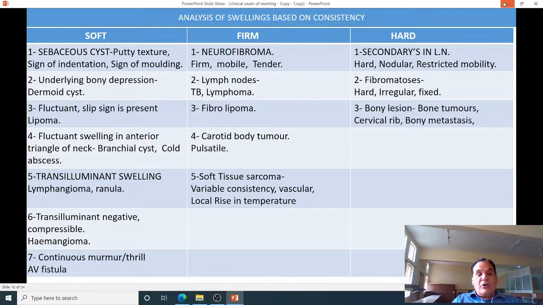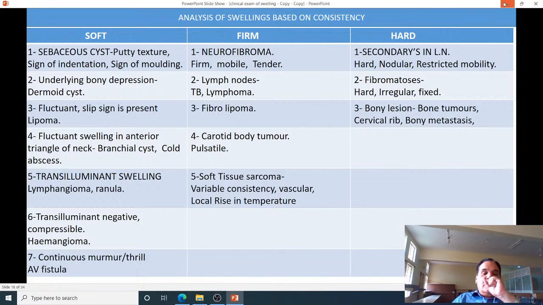Third is fibrolipoma, a very common diagnosis of a firm swelling. Pulsatile swelling, think of carotid body tumor. Soft tissue sarcoma, very common now, has a variable consistency. It is neither soft nor firm. In addition, the swelling has a local rise in temperature. Think of a soft tissue sarcoma.